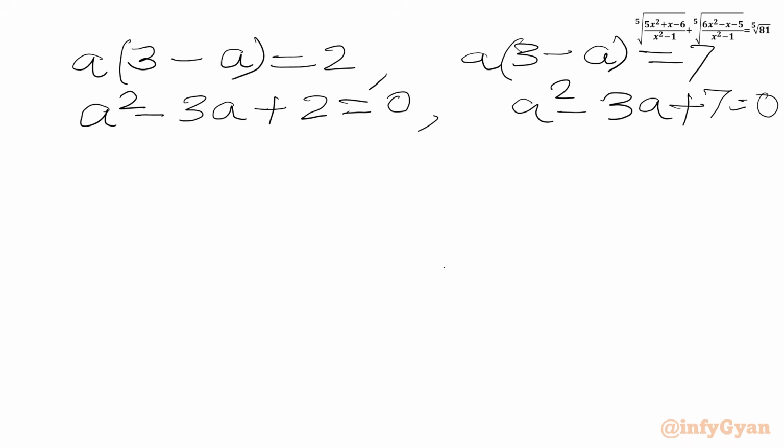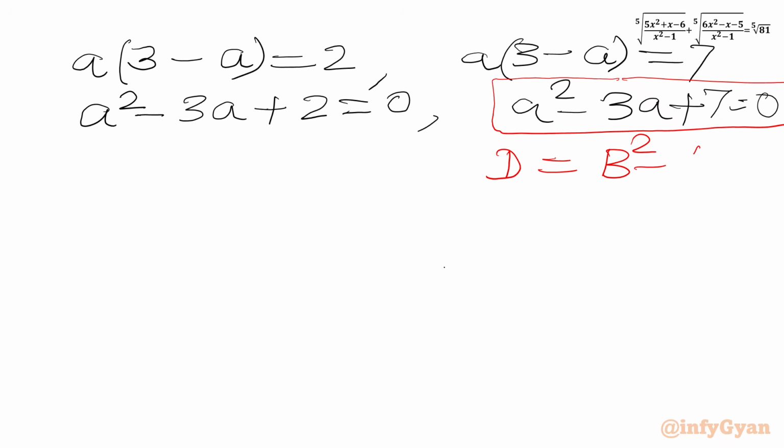Now we are going to check the discriminant value in our second equation. So let me write the discriminant formula: D = b² − 4ac. As per our equation, b is the coefficient of a. So I will write (−3)² − 4 times a is 1, c is 7.